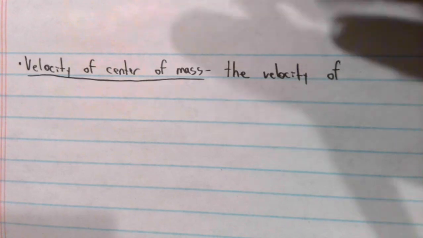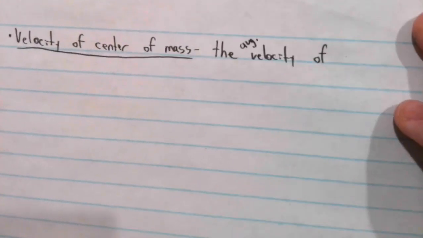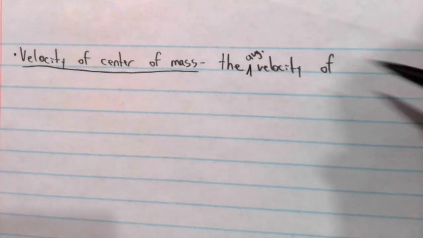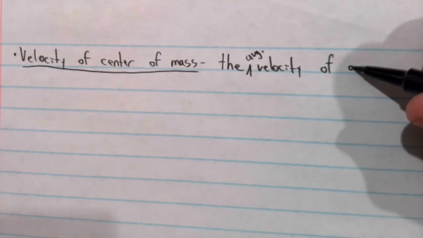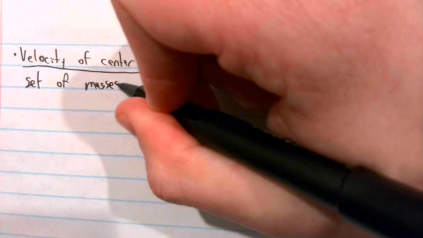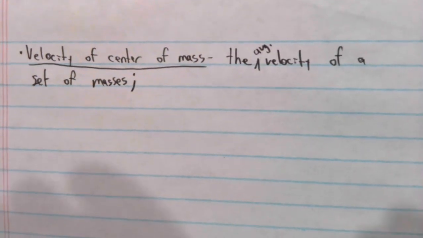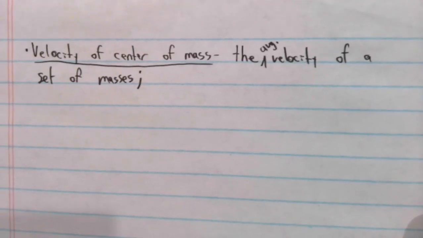It's the average velocity of a set of masses, and I'm going to put a semicolon here. The average velocity of a set of masses.